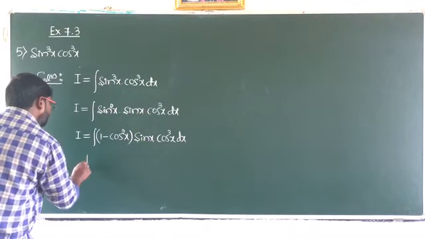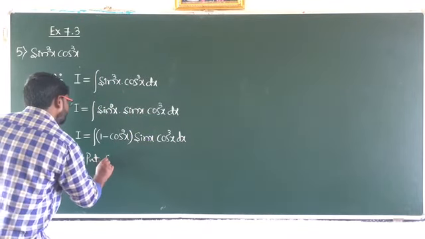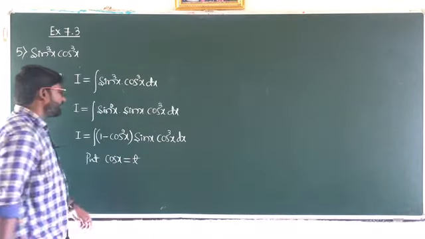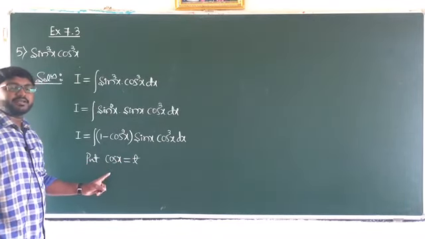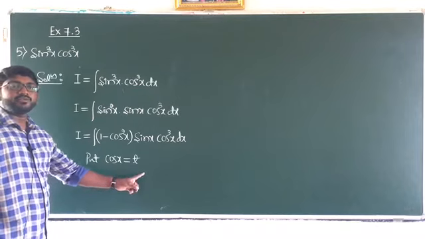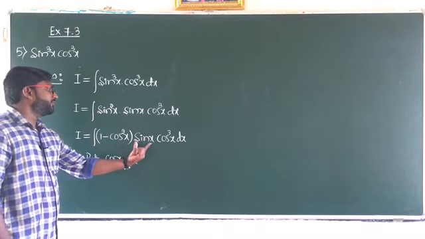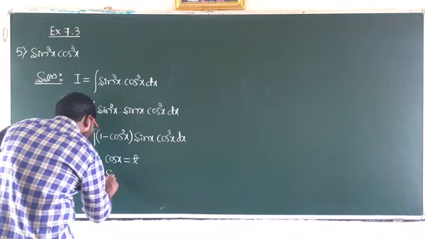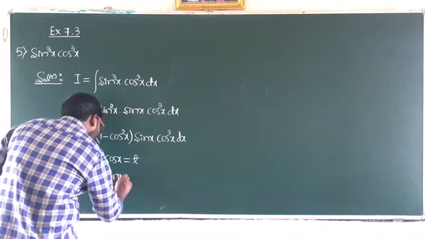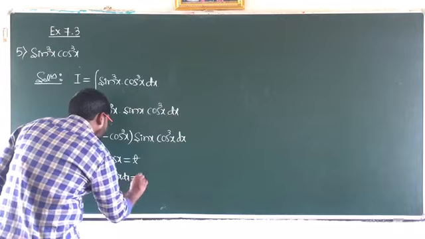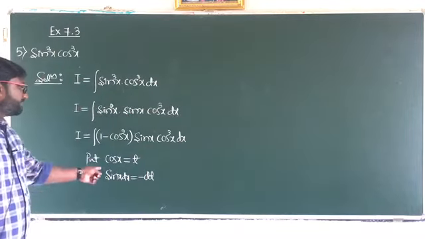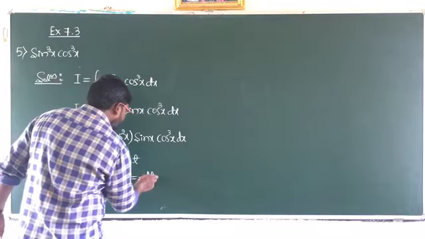So now I will go for the substitution. Put cos x equal to t. Now differentiate both the sides, we get minus sin x equal to dt by dx, but we need only sin x dx. So here sin x dx is equal to minus dt. I have taken minus to the RHS, it becomes minus dt.